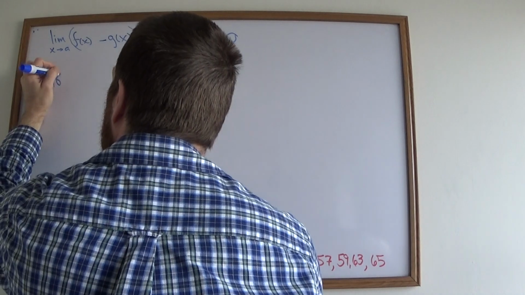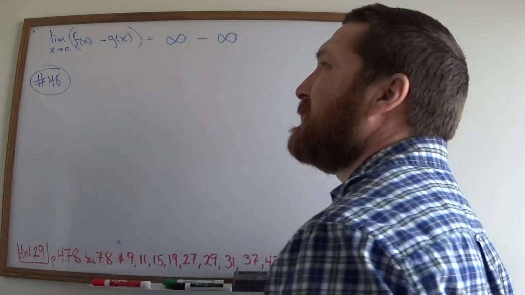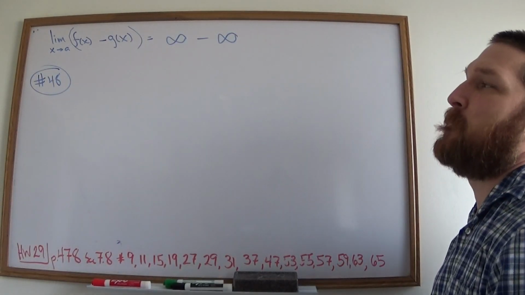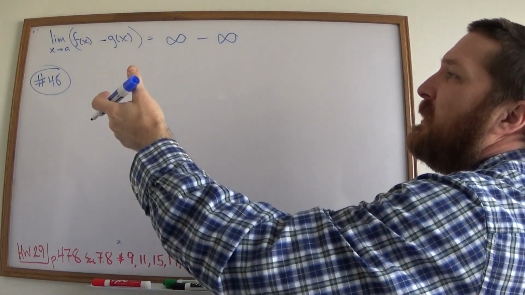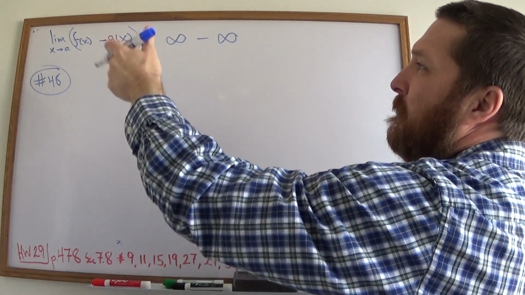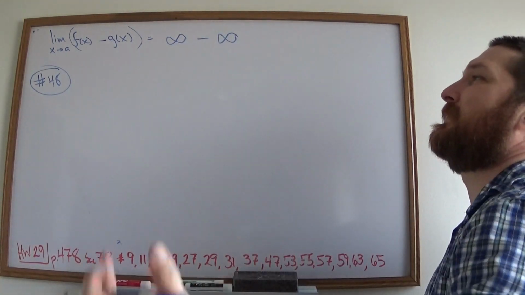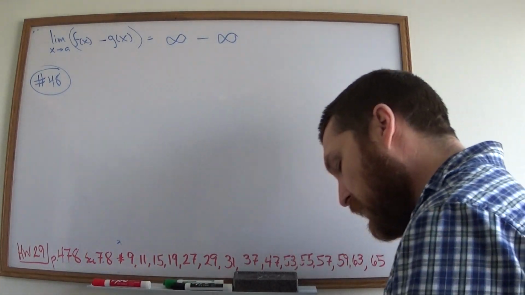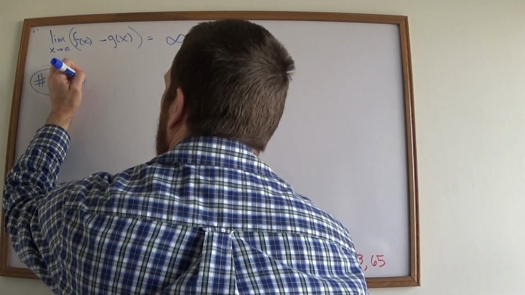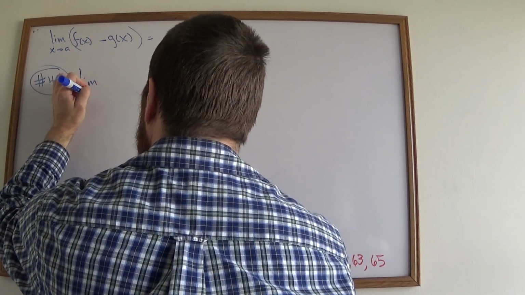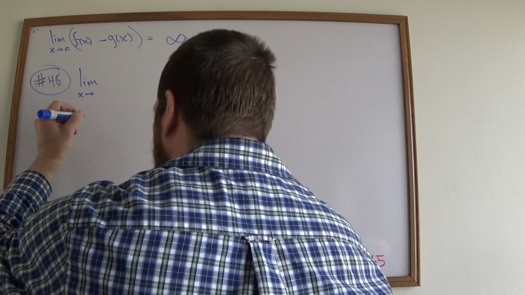You could say that's the same as the limit of f minus the limit of g, but then you still get infinity minus infinity. And your book doesn't give you any clues about what to do if this is not obvious.